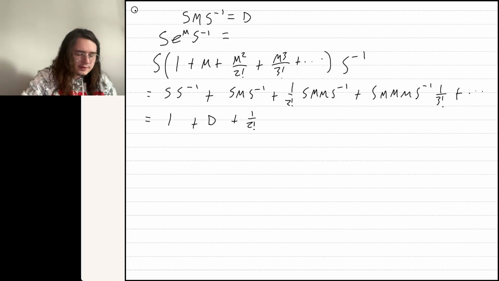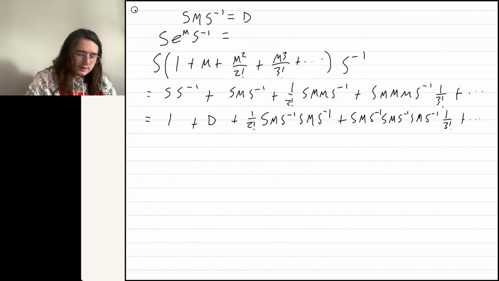So this is going to be S 1 S inverse plus S M S inverse, and there needs to be another S in there, S M S inverse S M S inverse, 1 over 3 factorial, plus dot dot dot.